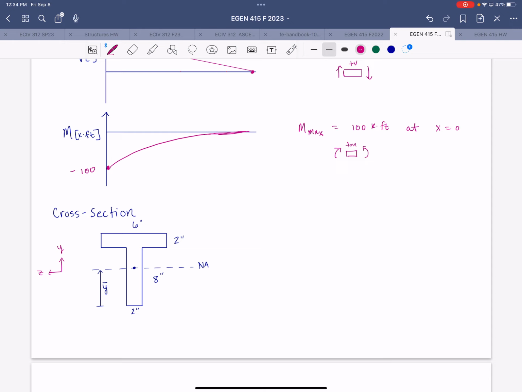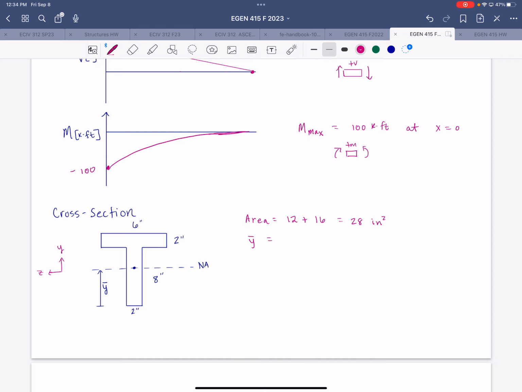So we can note that the area is going to be 12 from the top flange plus 16 from the web, 28 square inches for the whole cross section.